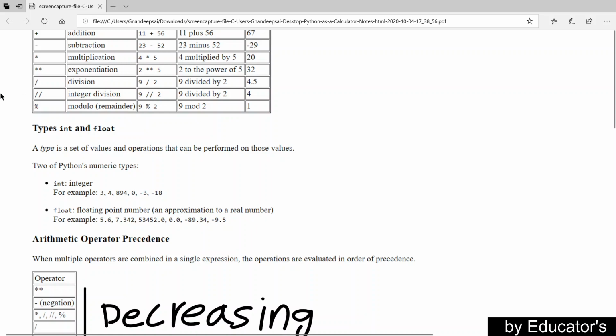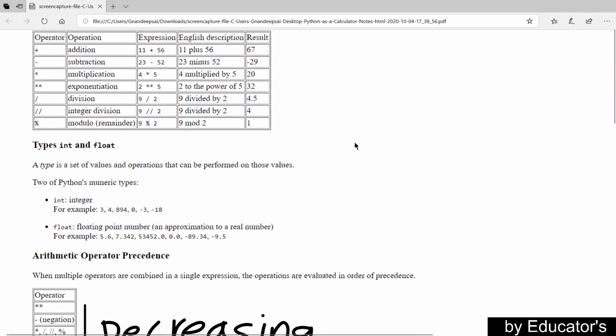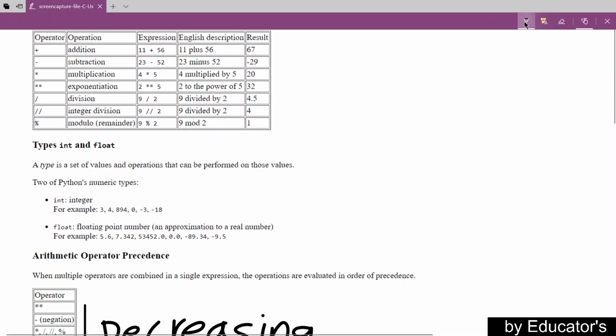And we also talked about the data types. What are those? Ints and floats. Int is just a whole number, while float is a whole number part including the decimal part. In this example, what I want to show you is that this part is the whole number part, 5.